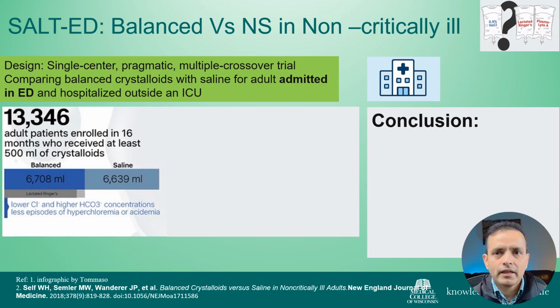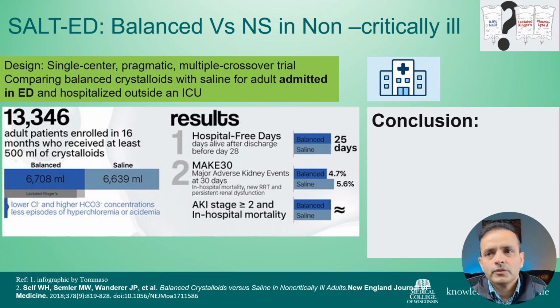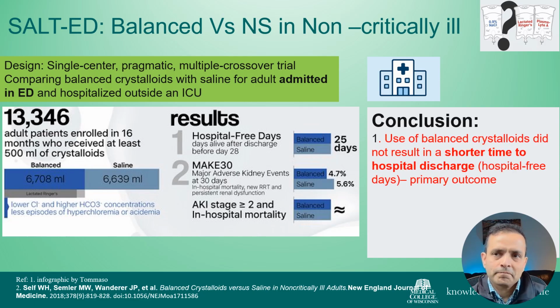What they did: 13,346 patients, half of them in the balanced group and half in the saline group. So pretty good numbers actually. The primary outcome was hospital-free days. Use of balanced crystalloid did not result in a shorter time to hospital discharge, meaning hospital-free days, which was the primary outcome.